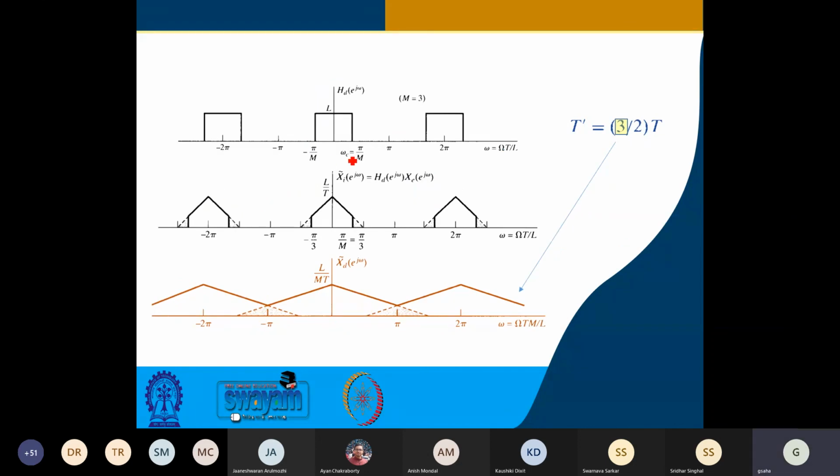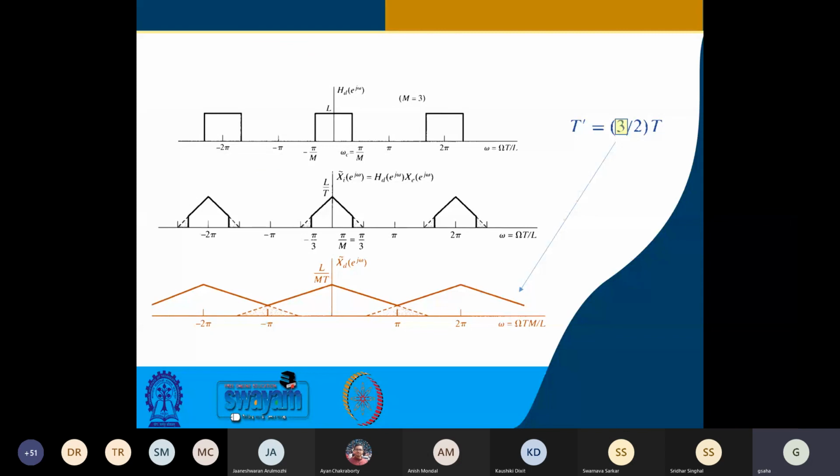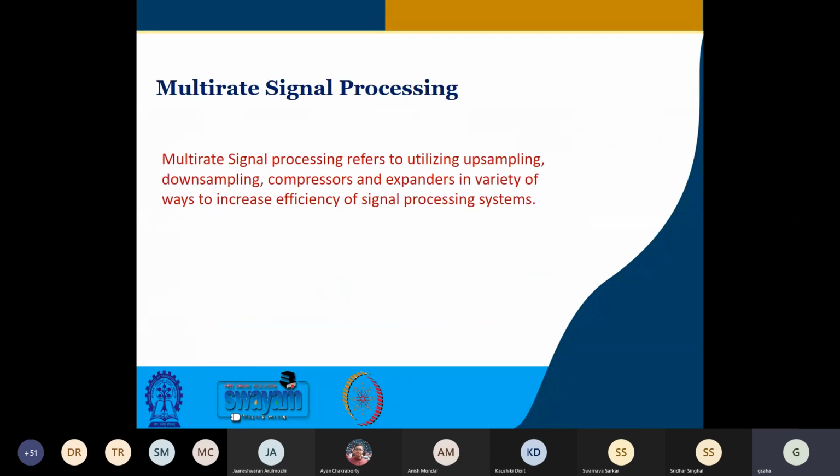Then, because it is 3, the cutoff is pi by 3, which eliminates a part of it, and then you do the final downsampling. Multi-rate signal processing refers to utilizing upsampling, downsampling, compressors and expanders in a variety of ways to increase the efficiency of signal processing systems. This is what we have already seen.